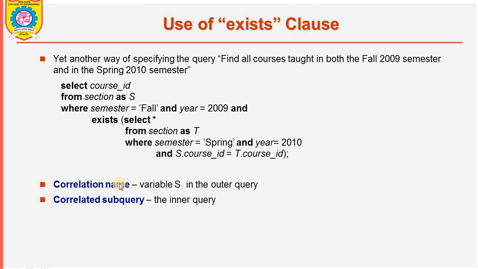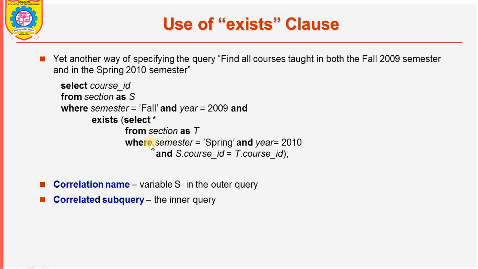So S is called a correlation name, meaning the outer relation is also used in the subquery for evaluation or to check the conditions. The inner query is called a correlated subquery, and the scope of the course_id goes from outer to inner.